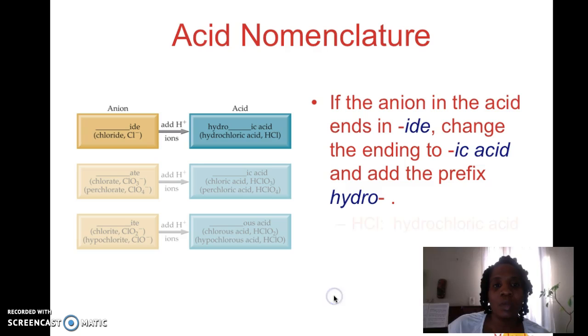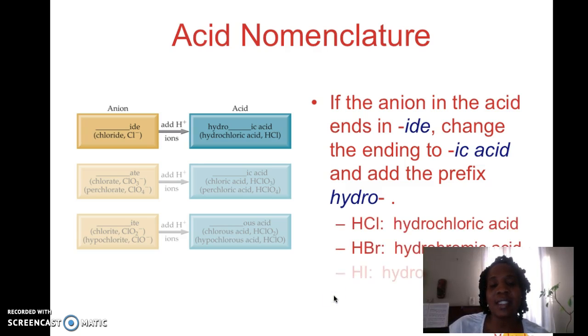Finally, you do want to be at least comfortable with naming acids. Hydrogen chloride is called hydrochloric acid. So if the ending is "ide," you change the ending to "ic" and add the prefix hydro.